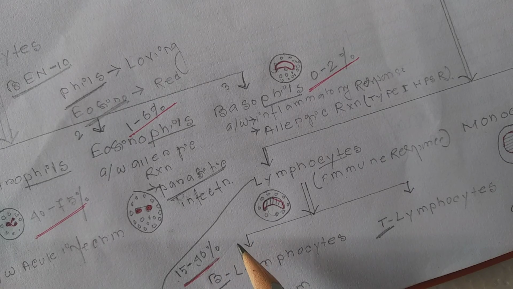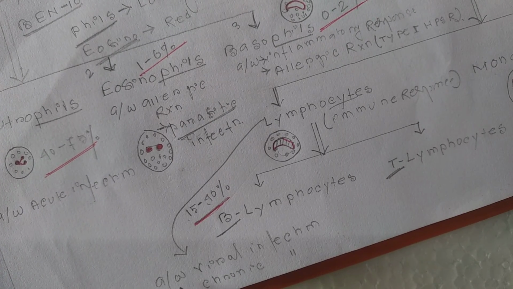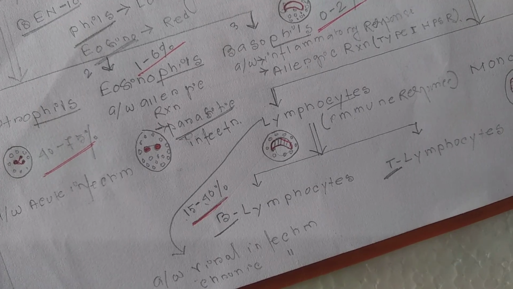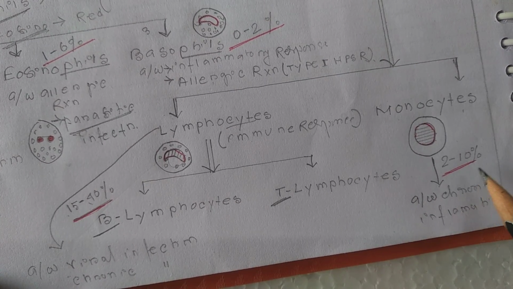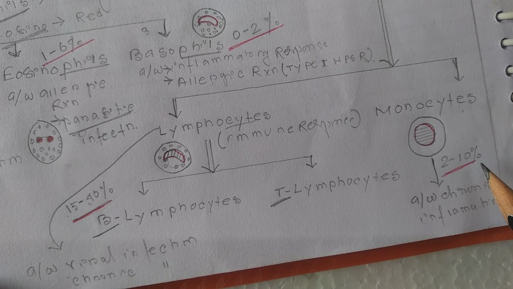When more than 40%, we should consider it a pathological condition, and think that the infection may be viral infection or chronic infection. Here also, with monocytosis, when the monocyte value is more than 10%, we should consider it associated with chronic infection. Thank you for watching this video.